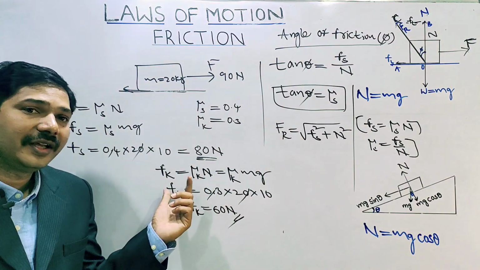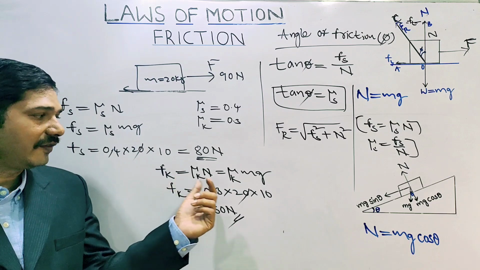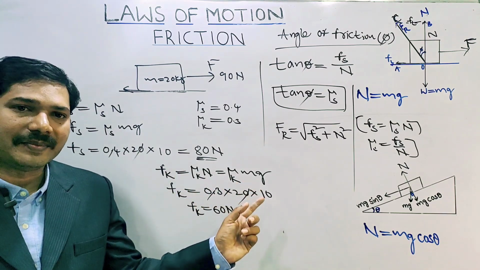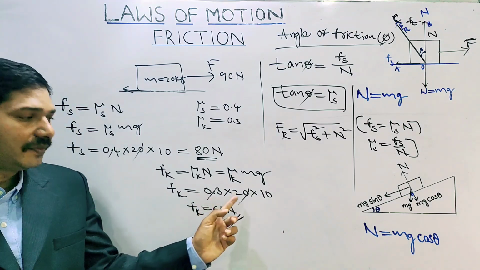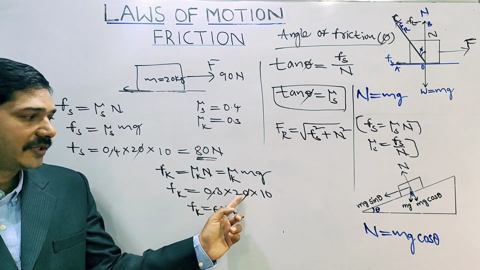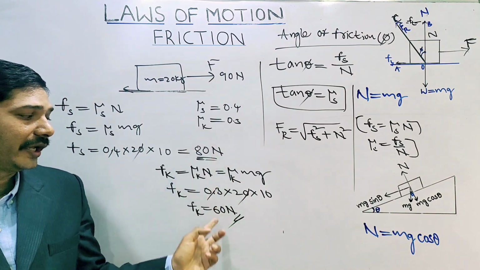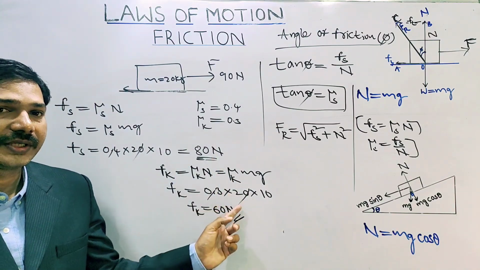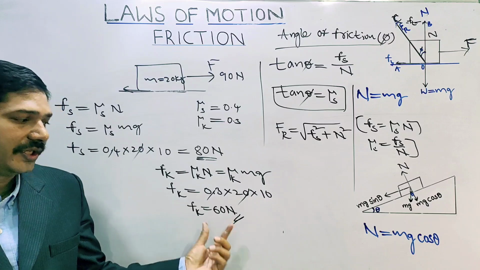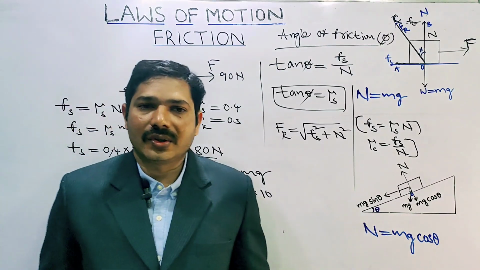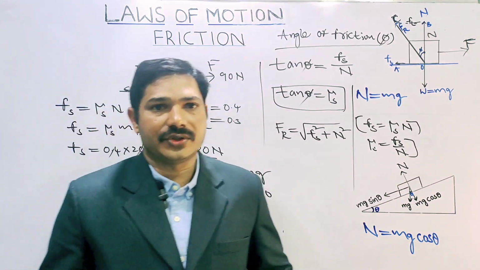So again we have to calculate the kinetic friction using the formula mu k N, where N is mg. So m is 20, g is 10, mu k is 0.3. Multiply, 3 times 6, 6 times 10, 60 newtons. The third option is correct. Questions like this they will ask. These are basic questions.